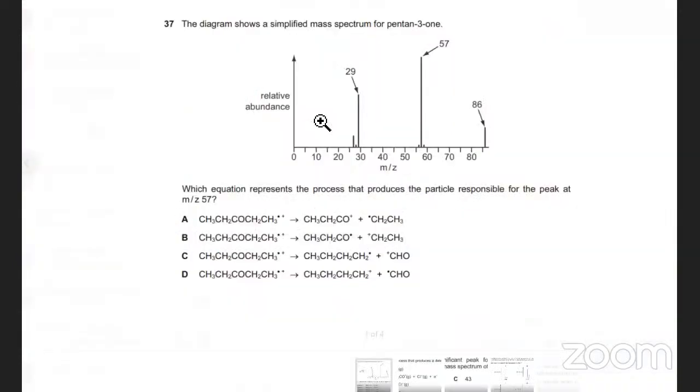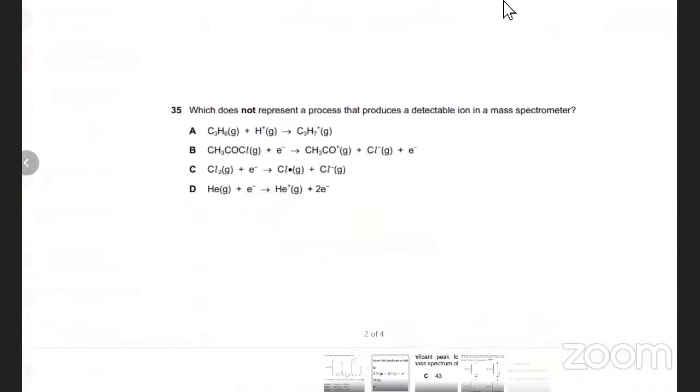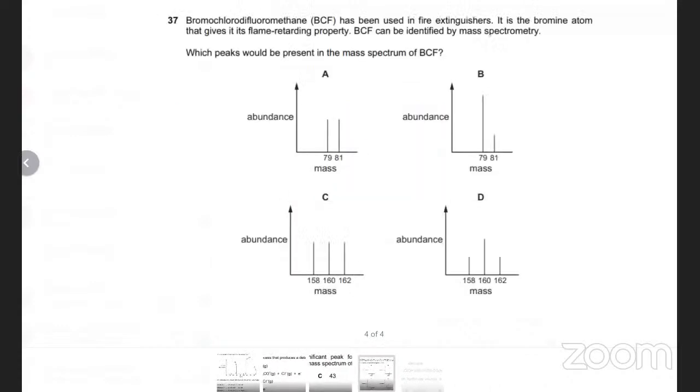See this one, we have already done this one. Just hold on 1 second. So we had done this one, and we had done this one, and this one. Now, okay, we are on this one.